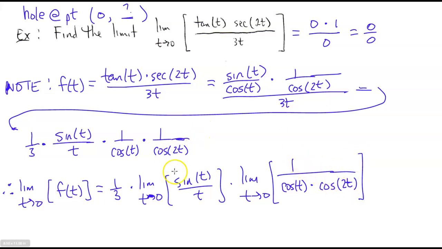Okay. And of course, the limit of sine of t over t as t approaches 0 from both the left and the right is 1. And for the other limit, I can just plug in 0 for t.